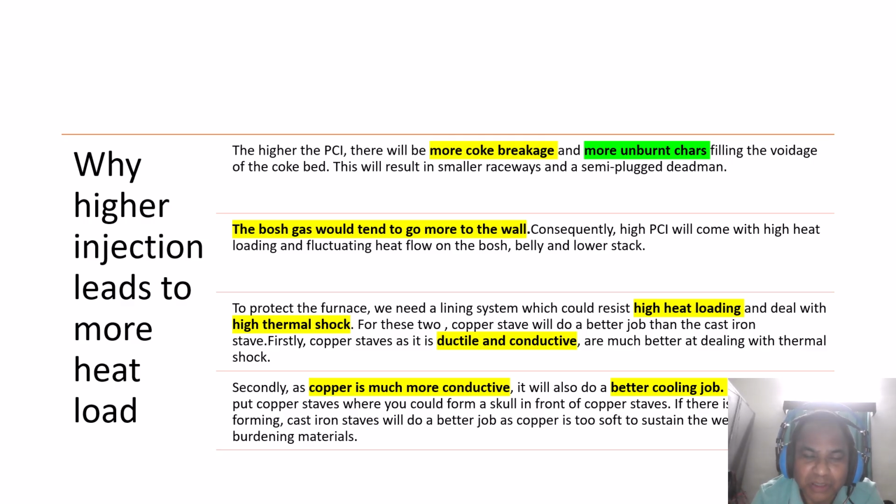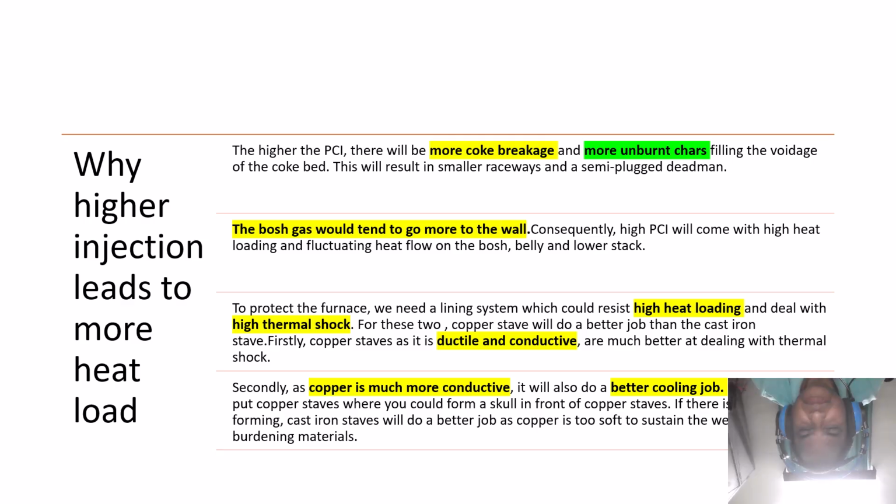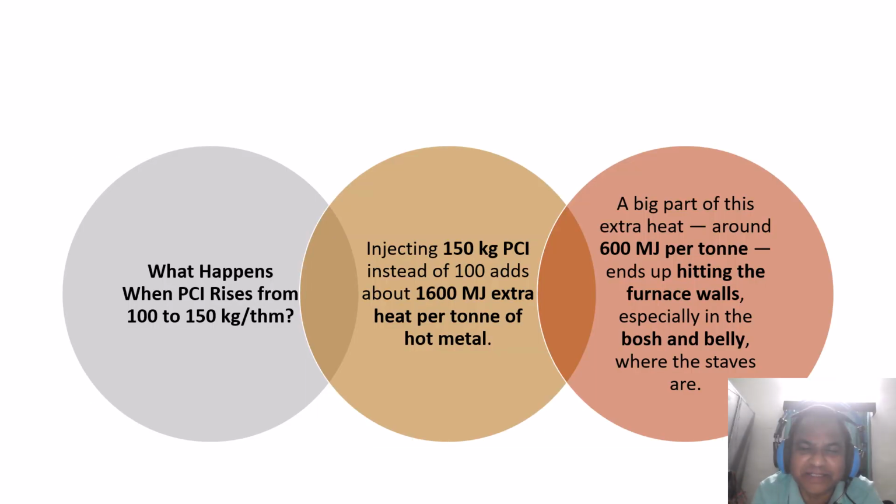So from here onward we will see scientifically how much extra heat load I have to handle while burning once I go from 100 kg to 150 kg. As this slide clearly shows, once we burn from 100 to 150 kg PCI, it generates around 1600 megajoule extra, assuming our coal generates around 22 to 25 megajoule.